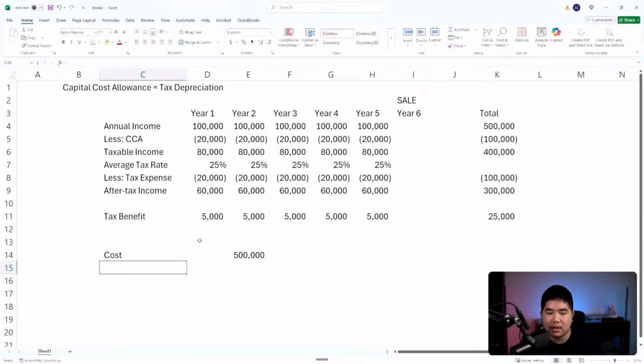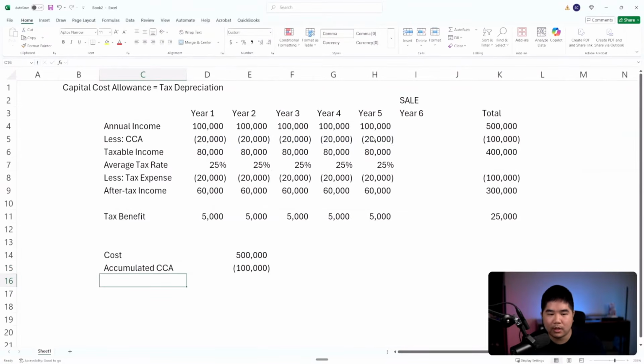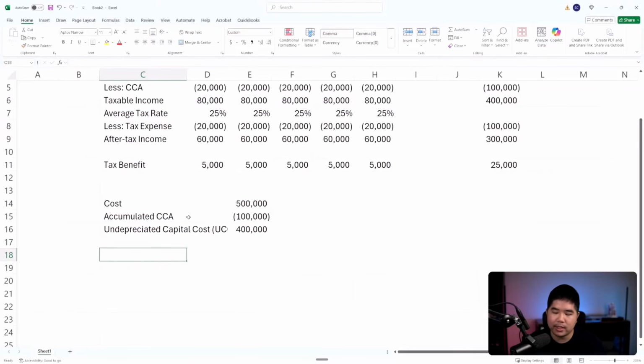And then we claim CCA over 5 years, so our accumulated CCA is $100,000. So then our undepreciated capital cost, UCC, is now $400,000. Let's say we sell it for $500,000.